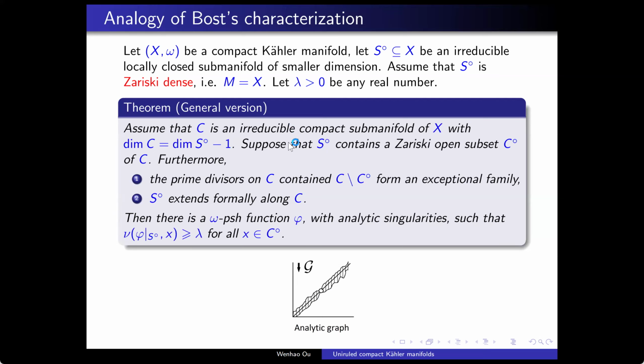I assume that C is an irreducible compact submanifold of X with dimension of C equal to dimension of S0 minus 1, and I suppose that S0 contains an open subset C0 of C. Furthermore, I assume two technical assumptions, but we will check that these assumptions are satisfied in our application. Then there will be an omega-PSH function phi with analytic singularities such that the restriction Lelong number is greater than or equal to lambda for all points x on this C0.